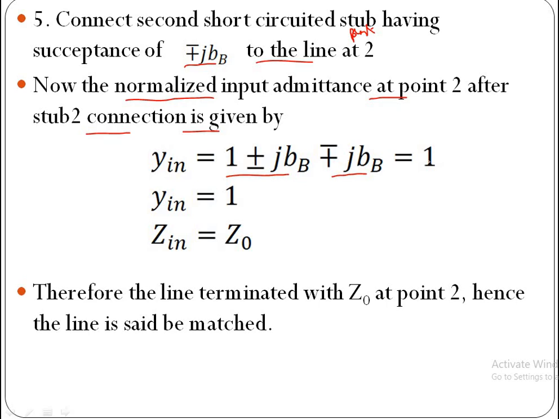Now these two are cancelled, we are getting Yn equal to 1. Now if we take capital Y in, input admittance is equal to characteristic admittance. If we take the reciprocal of these two, then we are getting Zn is equal to Z0. Therefore, the line is terminated with Z0 at point 2. Hence, the line is said to be matched.